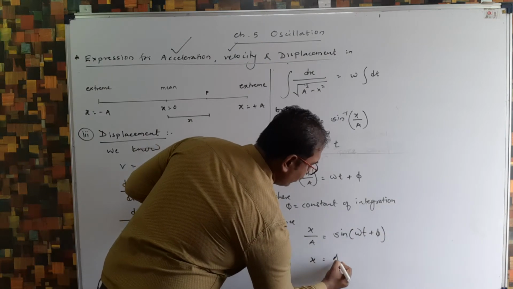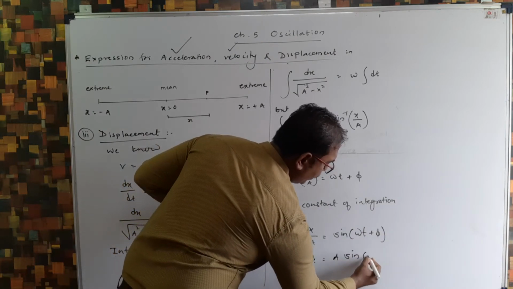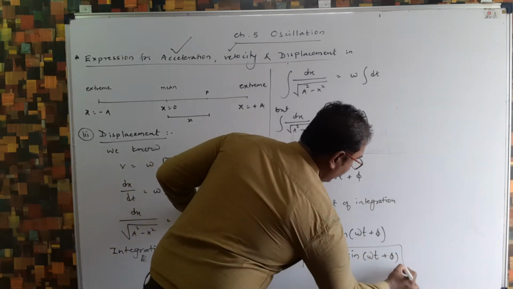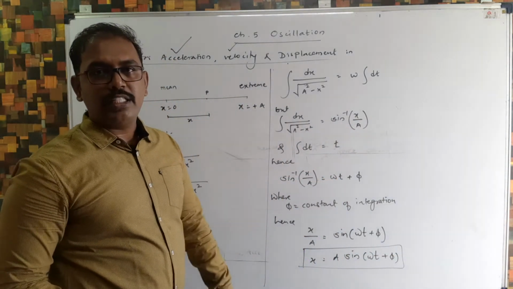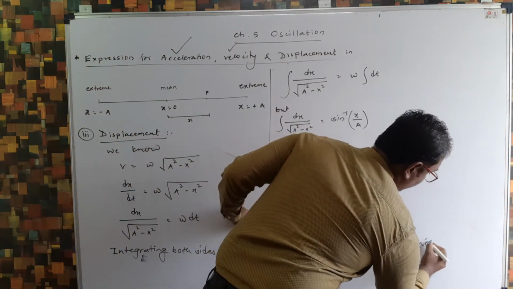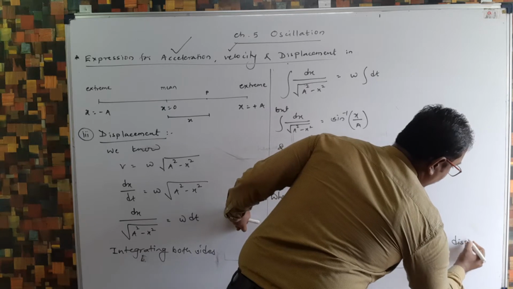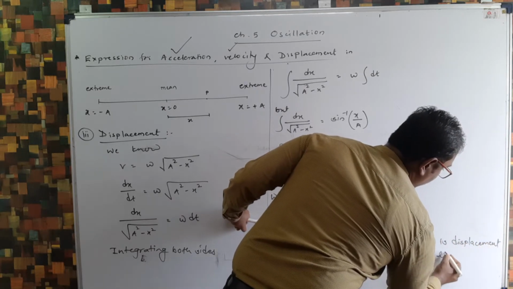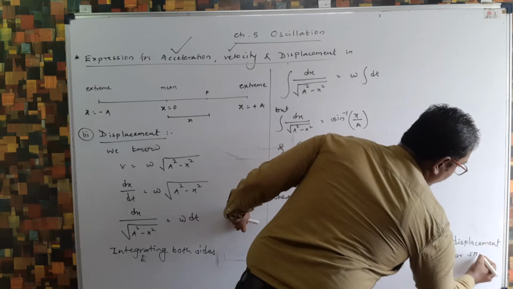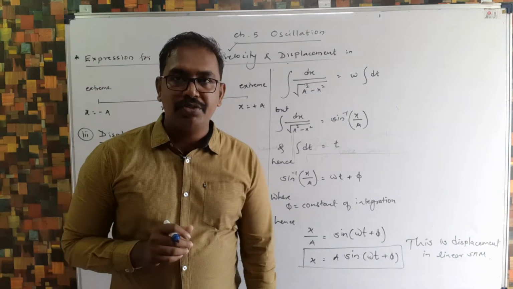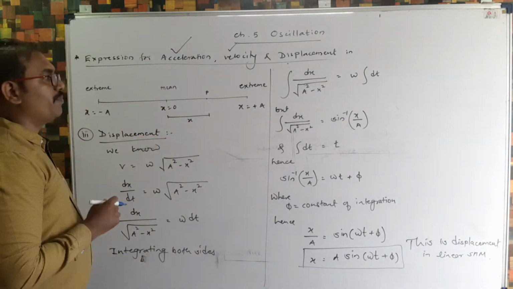So x is equal to a sine omega t plus phi, and this is the expression for displacement in linear SHM. Okay, I hope you understood how we get this displacement expression.